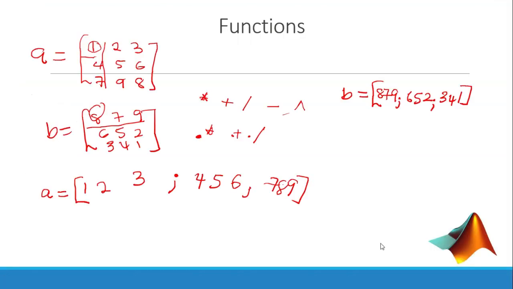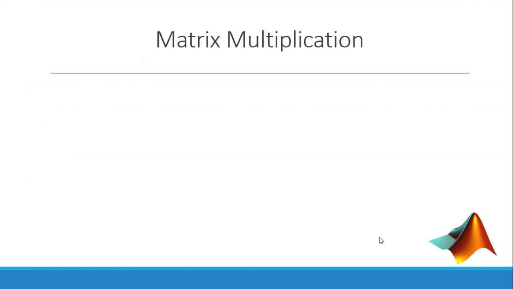Now let's move on to perform some matrix multiplication. To perform matrix multiplication, we use the star.